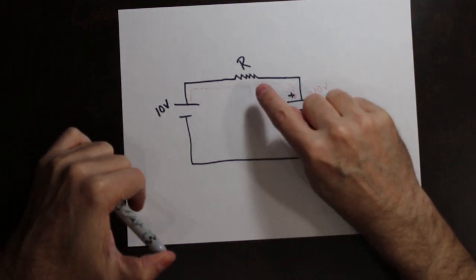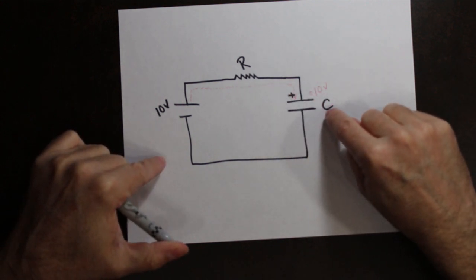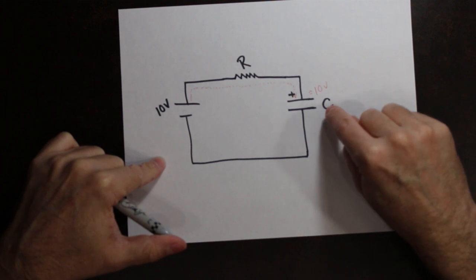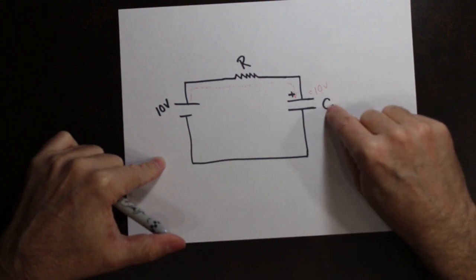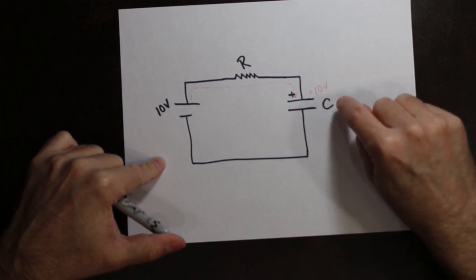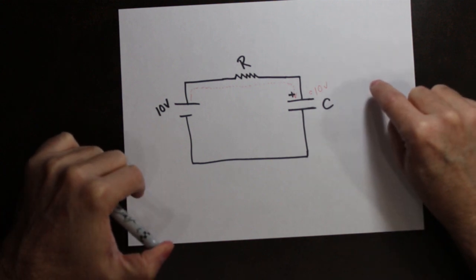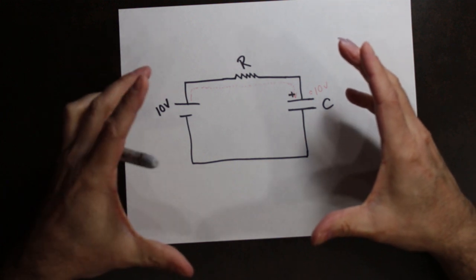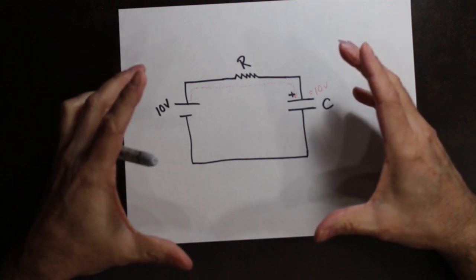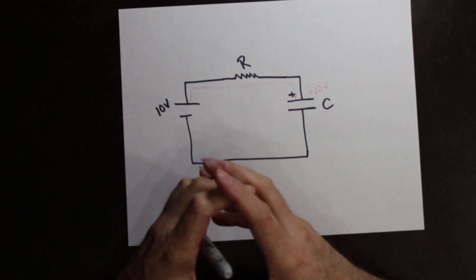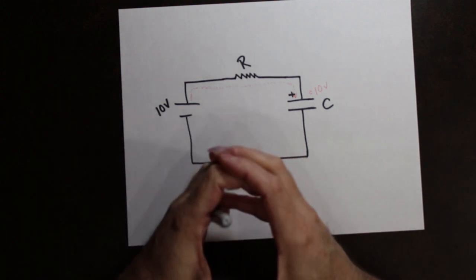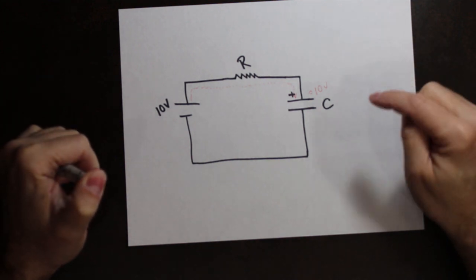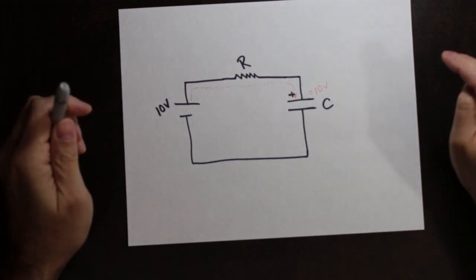The second one is the capacitance, the storage capability of that capacitor. The larger the capacitance value, the bigger the bucket, if you will, that holds the electrons. The smaller the capacitance value, the smaller the bucket. So a bigger capacitor will take longer to fill up than a smaller capacitor.